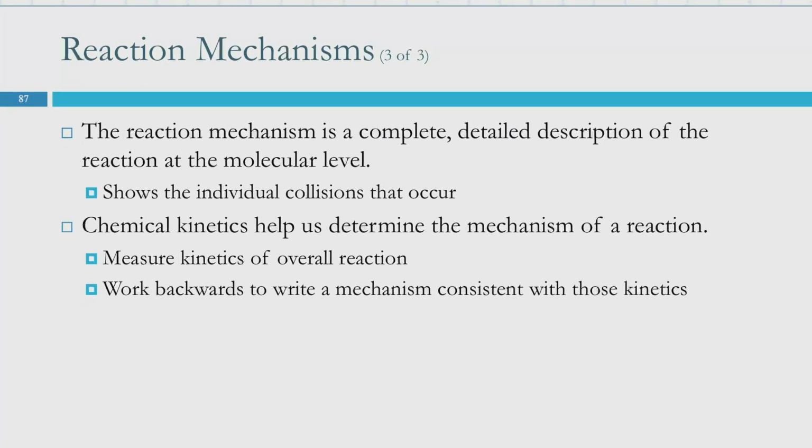So our reaction mechanism shows us all of the steps and how they occur at the molecular level. So we're zooming in on individual processes. It's like a play-by-play of what's happening in the reaction.